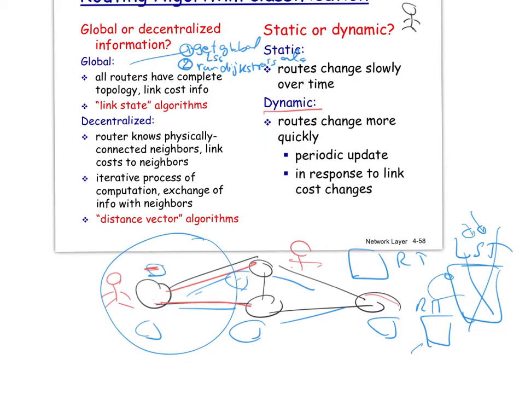This partial view contains, of course, the cost of the directly connected edges, because the router has this information by default. So when the router first starts, it will have information about the directly connected links. So that's a partial view. But also, the router needs to have the total distance to any node in the network, but not the link states. You will ask me what the difference is. I will tell you what the difference is.